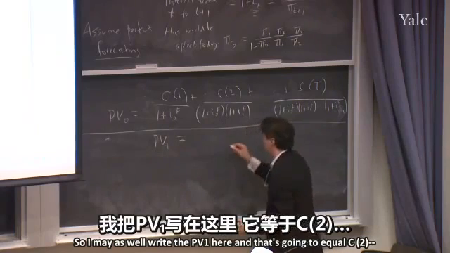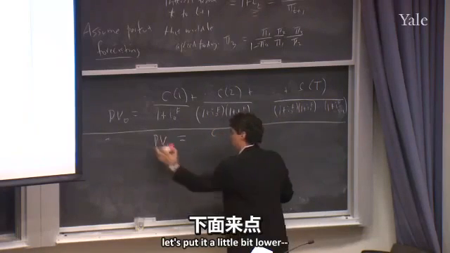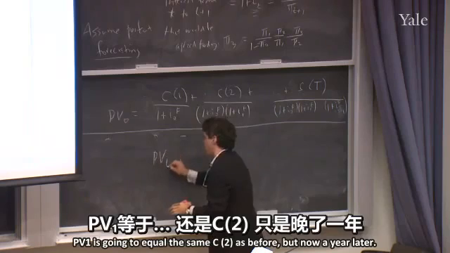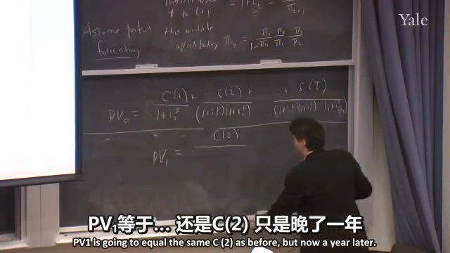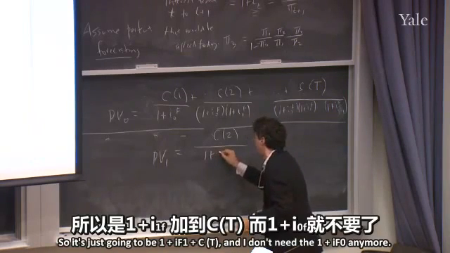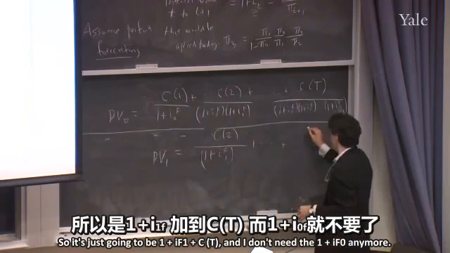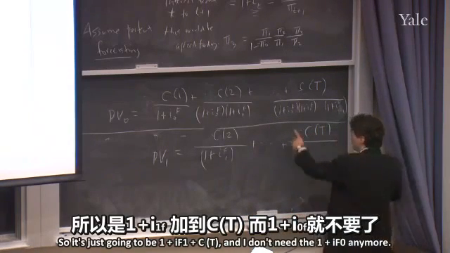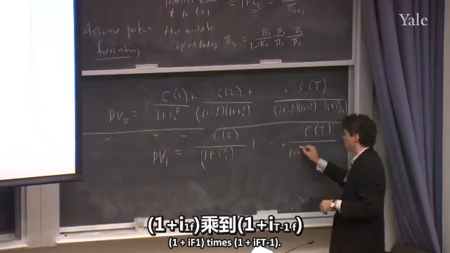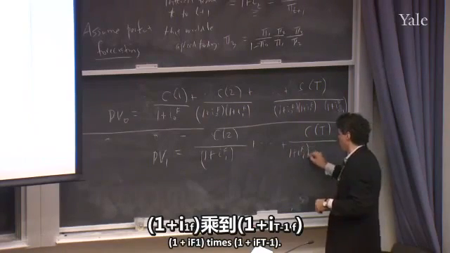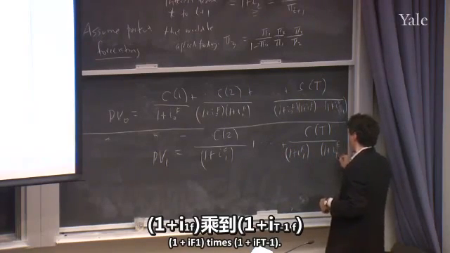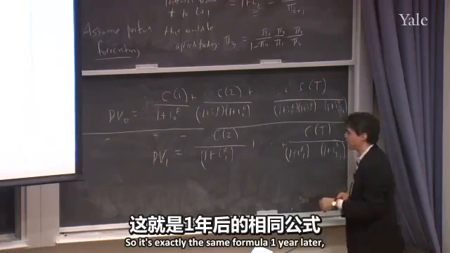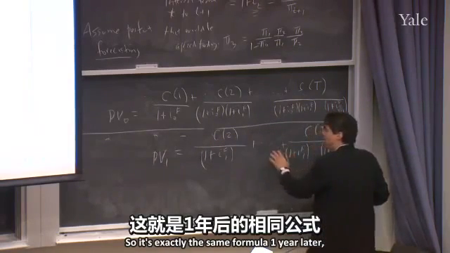PV1 is going to equal the same C2 as before, but now you're a year later, so it's just going to be 1 plus I F1, plus C of t, and I don't need the 1 plus I of 0 anymore. 1 plus I F1 times 1 plus I F t minus 1. Okay, so it's exactly the same formula 1 year later.